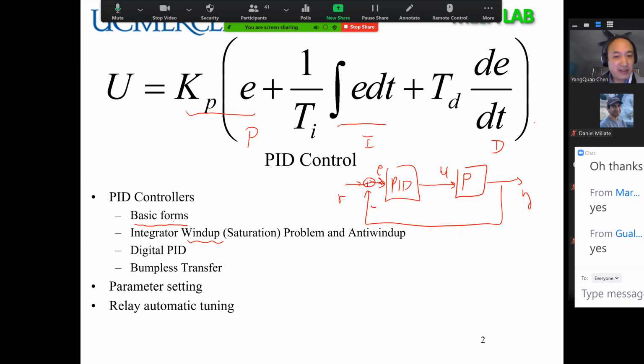I want to draw your attention, but usually people do this: Kp times E plus Ki times integration of E plus Kd and dE dt. So that's the usual, we call this the textbook format.